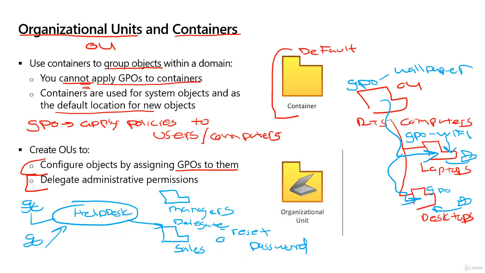So we're assuming all my sales users, their account is in the sales OU. So now when you delegate the help desk group the ability to reset passwords, it only applies if your user account is in the sales OU. So just a way to delegate who can manage what within your Active Directory structure.